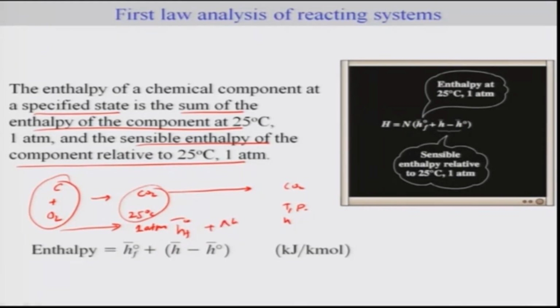So that will be the change in the enthalpy of this particular path. Thus the enthalpy of the component at T and P is nothing but the enthalpy of formation plus the change in the enthalpy taking the chemical compound from the reference or standard state to the specific state of our interest, which will be given by the sensible enthalpy difference, or in other words, delta H. So this is the enthalpy of formation of that particular compound plus the change in the enthalpy with reference to the standard state.